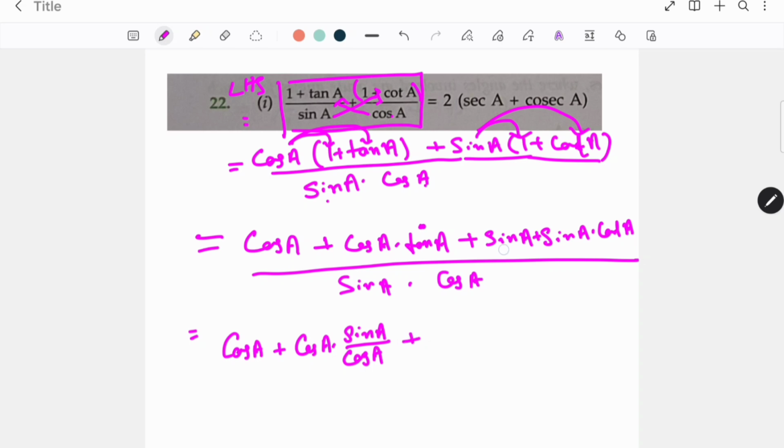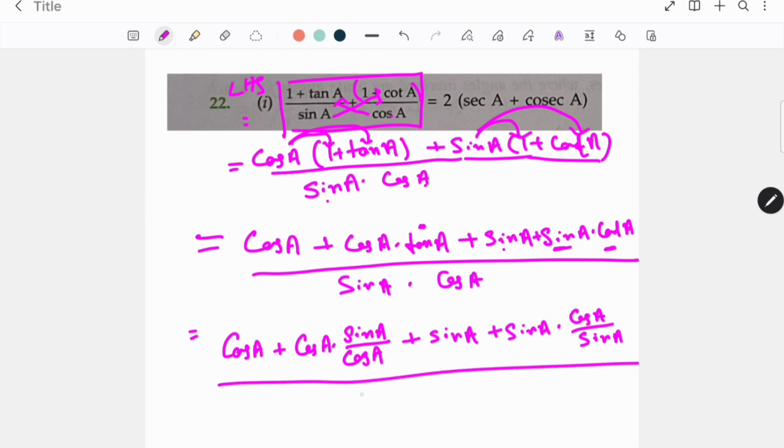Same way here, this sine A we will keep. Next cot means cos A by sine A we know. Down no changes, sin A into cos A.